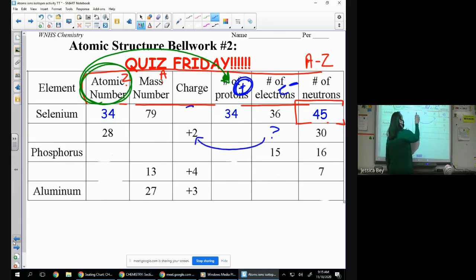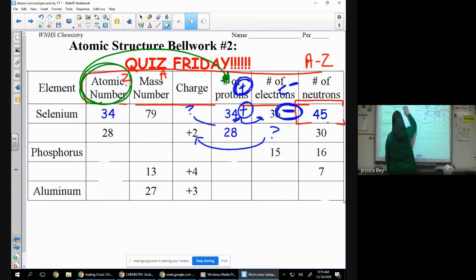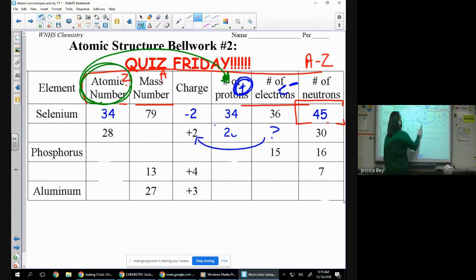If you're trying to find charge, you need to look at protons and electrons. If I have plus 34 and minus 36, which one do I have more of, pluses or minuses? I got more minuses by how many? 2. Perfect. So you're going to be a -2 charge.